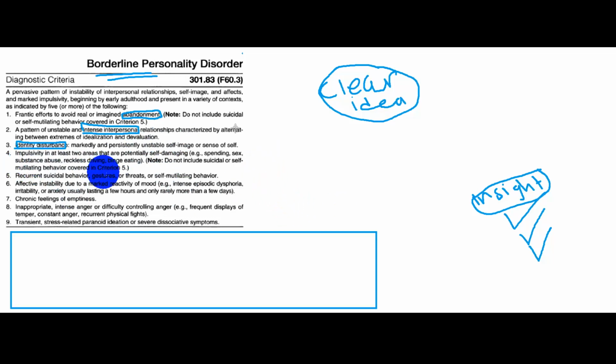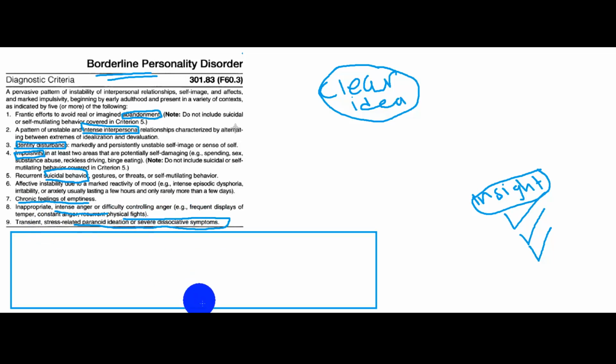Substance abuse. Reckless driving. Impulsivity. So that's number 4. Potential self-harm. Recurrent suicidal behavior. Affective instability due to marked reactivity of mood, intense episodic dysphoria, irritability, anxiety, usually lasting 4 hours, chronic feelings of emptiness, inappropriate intense anger, transient stress-related paranoid ideation, or severe dissociative symptoms.